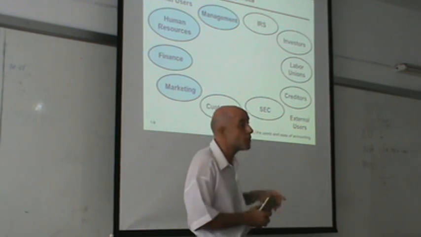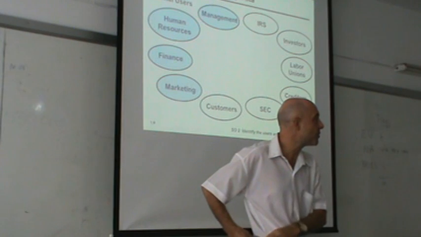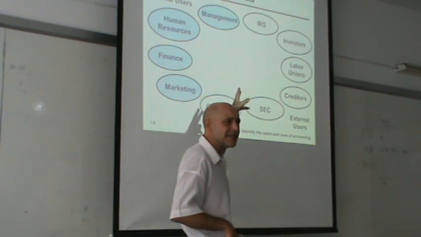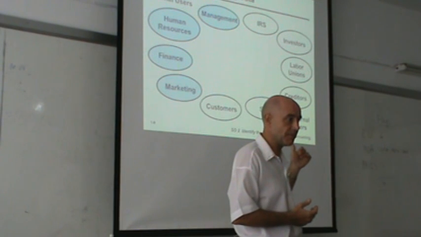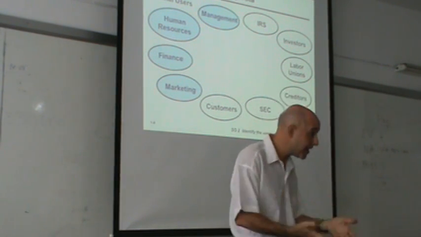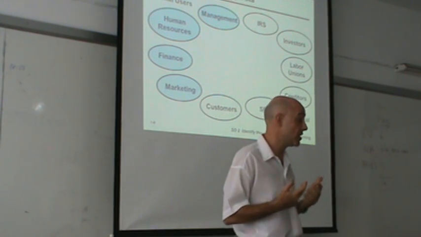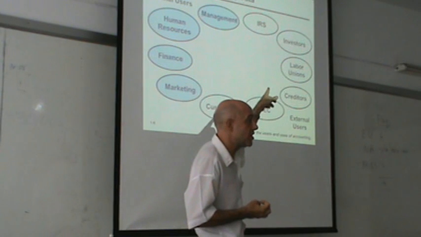And IRS will be the government for taxes. The government wants to know, is this business making money, and what kind of tax we can take from that, okay? Governments always want to make or take more money from business. So governments want to have very good information.